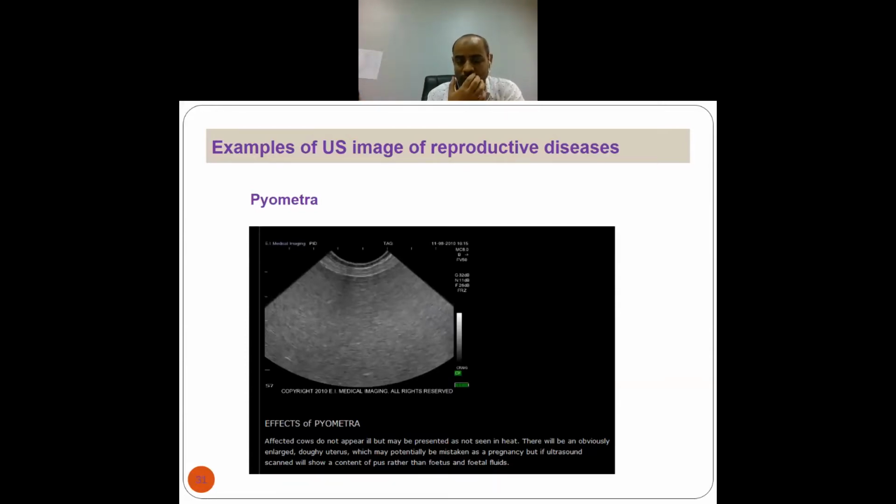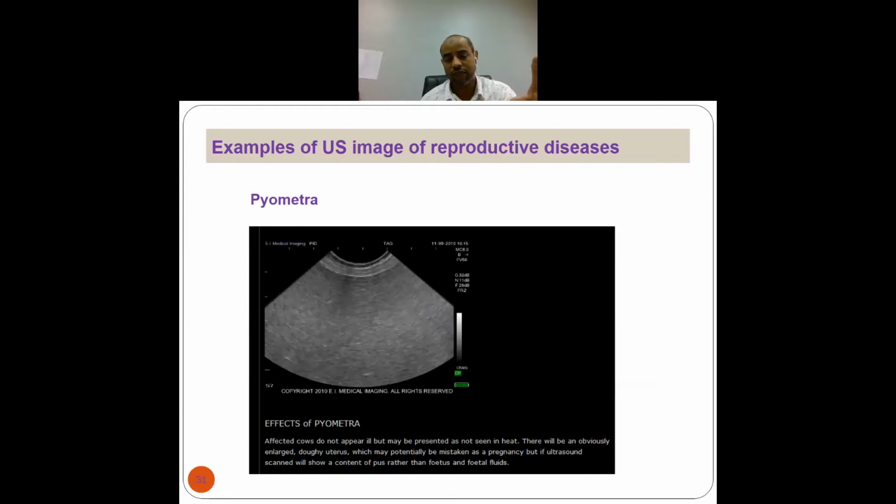But when you do ultrasound examination, you will be able to differentiate it from a normal pregnancy, because this enlargement of the uterus, having pus within, will appear uniformly hyperechoic, or sometimes they call it a snowy kind of appearance.